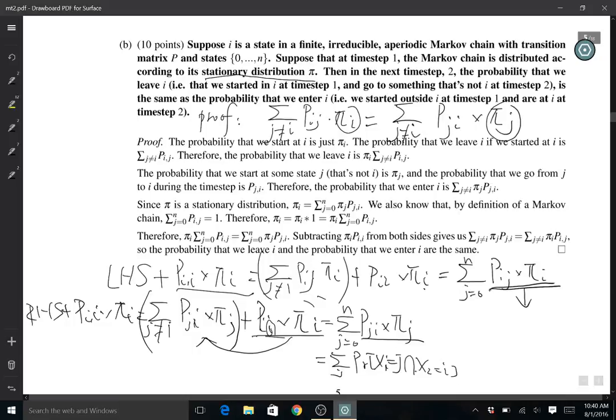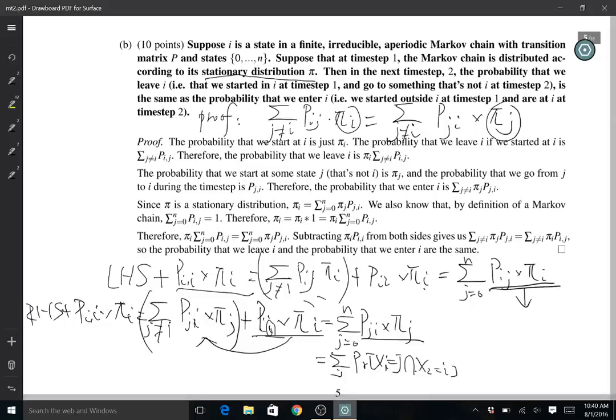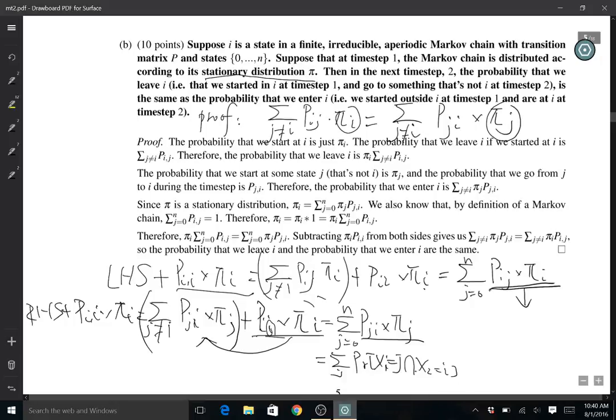Because Pji is the probability that, given X1 equal to j, what's the probability of X2 equal to i, times the probability that X1 equal to j. So it will give us the joint distribution of X1 equal to j and X2 equal to i. The sum over all j is the probability that X2 equal to i, which also gives us pi i.